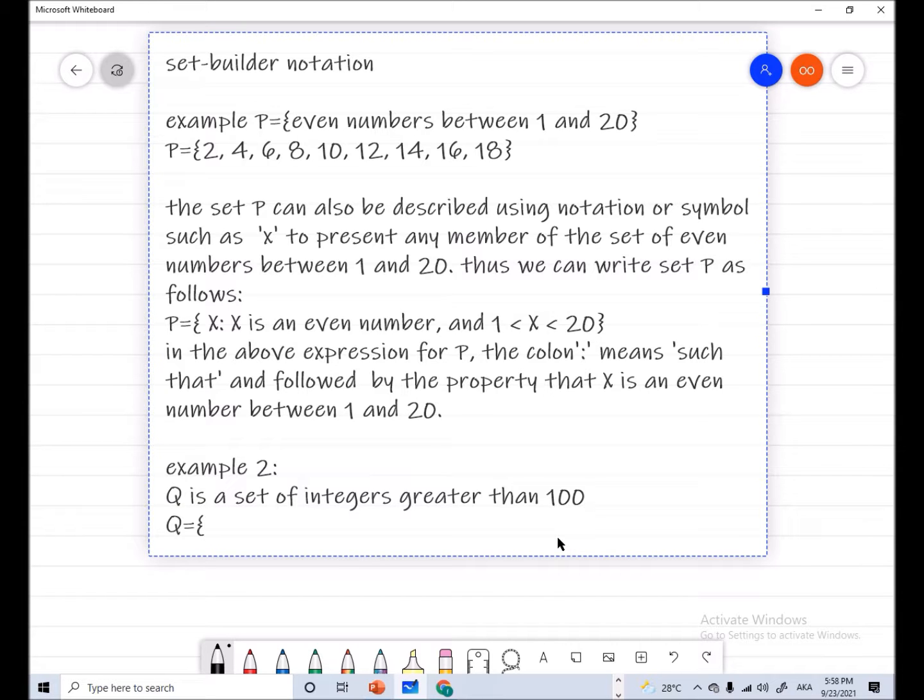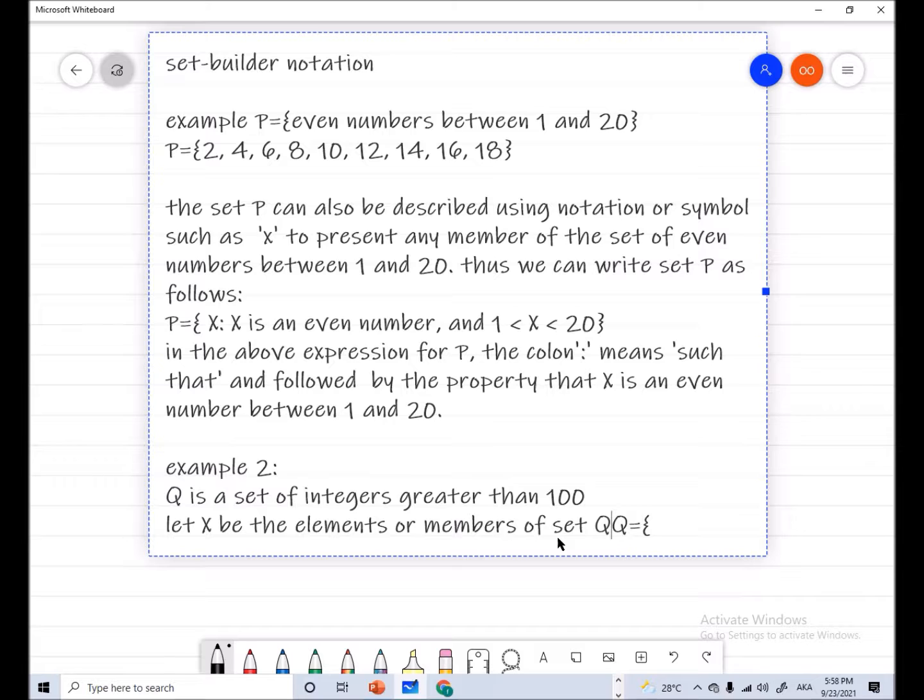Let x be the elements, the members of set Q.